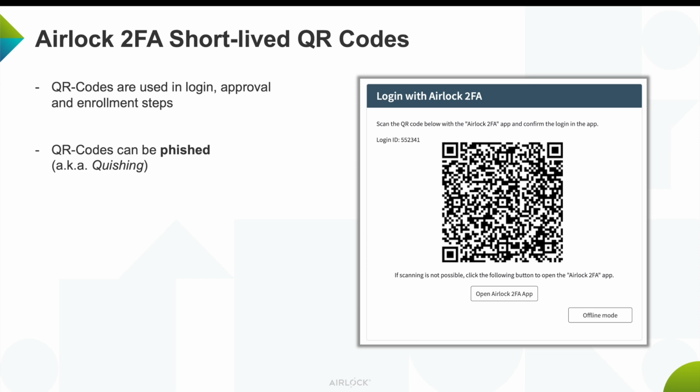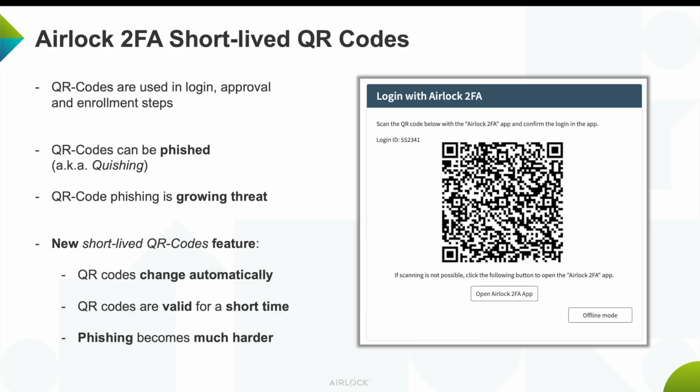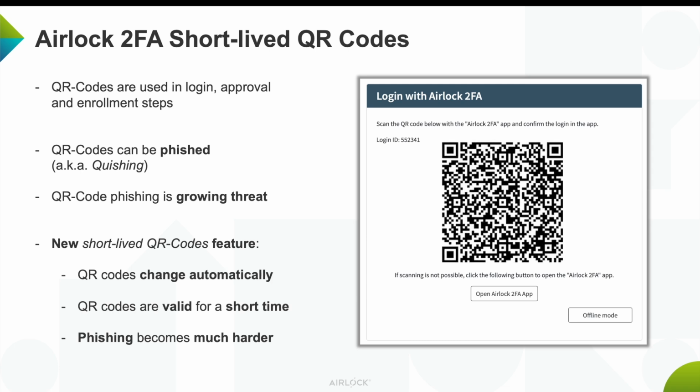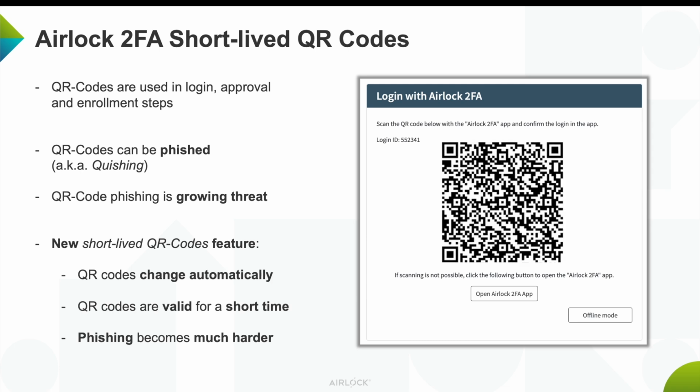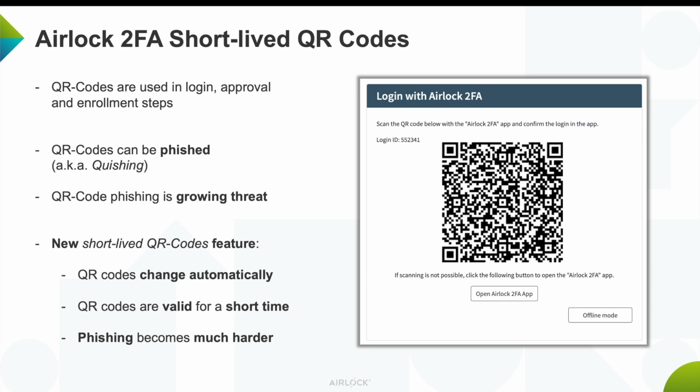QR code phishing, often referred to as quishing, is an increasingly common threat. The risk is particularly significant when QR codes remain valid for a longer period of time. This new feature introduces short-lived QR codes that are automatically refreshed every few seconds. With this additional security measure in place, quishing attacks become significantly more difficult.